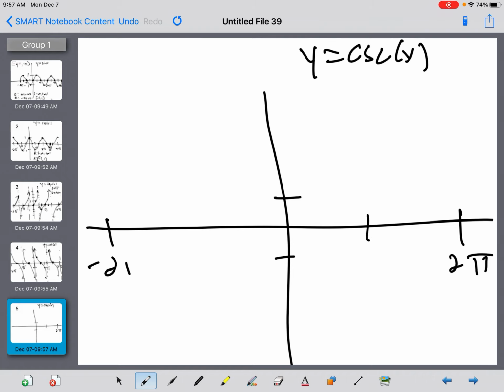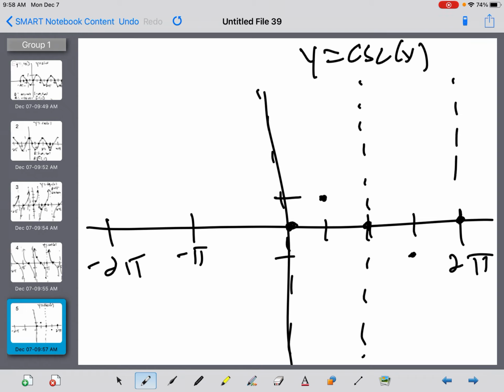And we'll do a cycle over here. All right, so I'm going to put the sine curve in first, just the dots. So where we have a dot at 0, you're going to have an asymptote. Asymptote at 0, asymptote at 0, asymptote at 0.